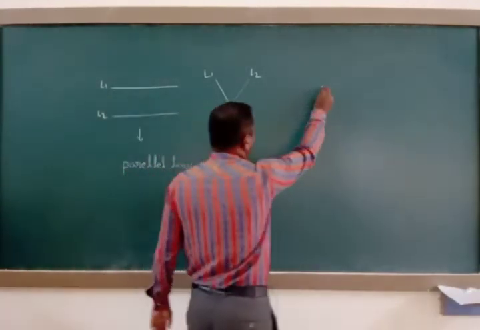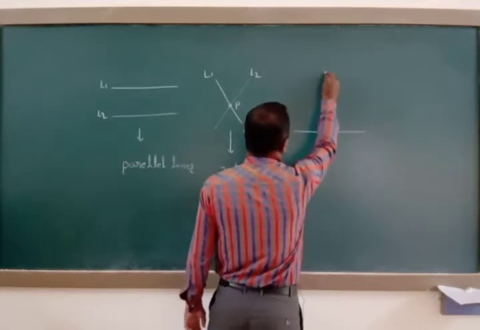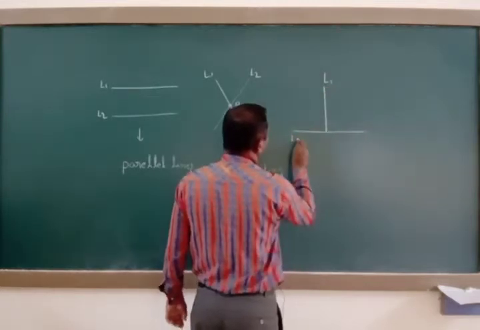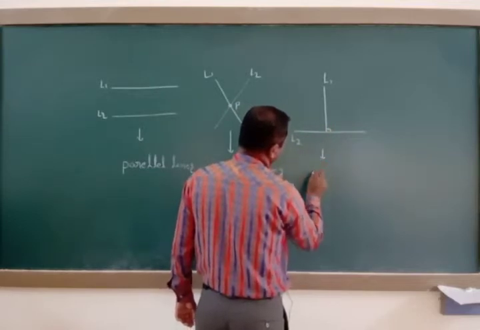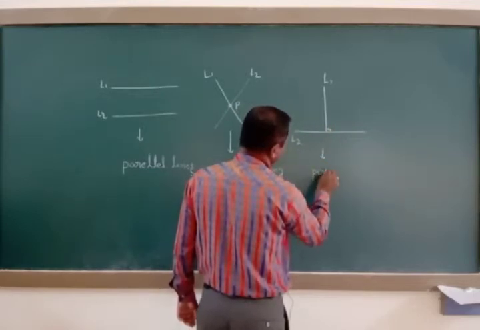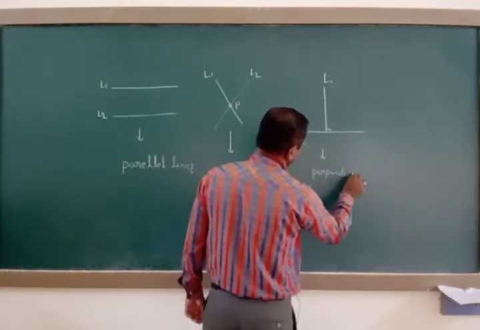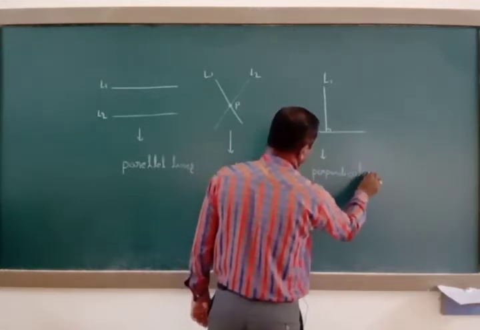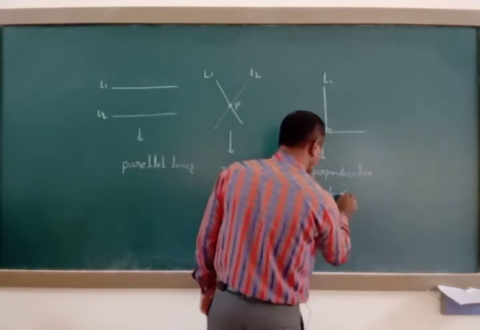And if the two lines are perpendicular, they are like this. In this case, we are calling these lines perpendicular lines.